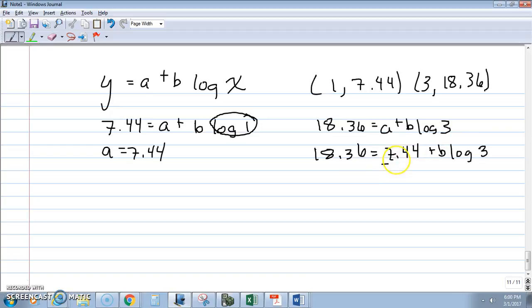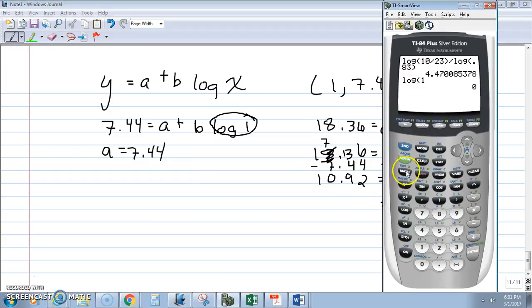So subtract 7.44 from both sides. And, oh God, I hope these are 10.92, 18 minus 7 is 11, 13 minus 4 is 9, 10.92 equals b log 3. And then just divide both sides by log 3, and that'll be b. So b is actually equal to 10.92 divided by log 3.